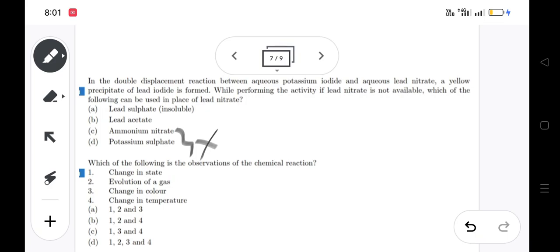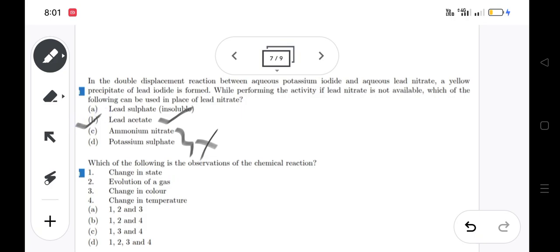See, in this reaction, the lead salt should be soluble. That is, an aqueous solution we need to take. Then only this reaction will take place. So lead sulfate, which is insoluble, we cannot consider as the answer. So the answer is lead acetate. When lead acetate reacts with potassium iodide, we will get lead iodide and potassium acetate. So option B is the answer.